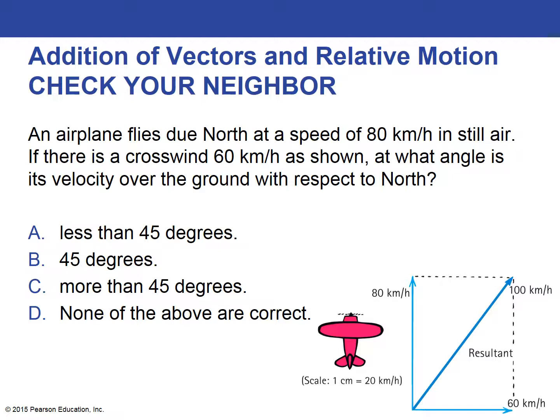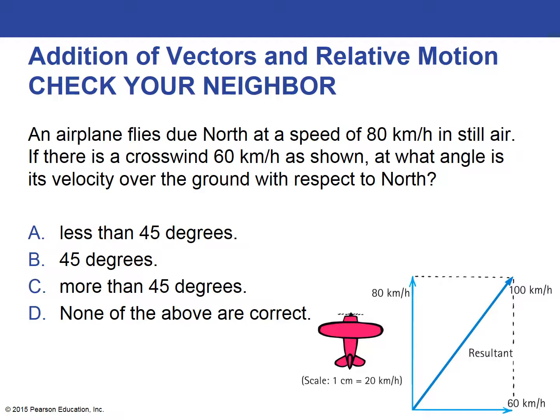Now what you do is add a second vector, which is the crosswind. This is the effect of the velocity of the wind pushing on the plane, and it is going to cause it to take a northeasterly direction as a result.